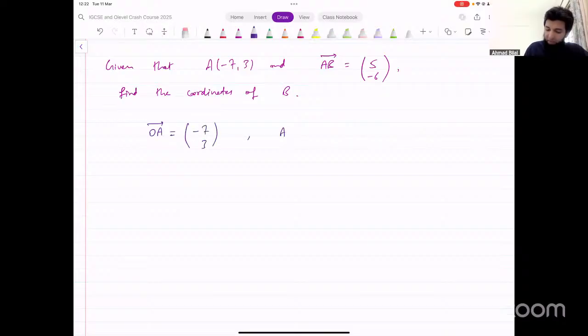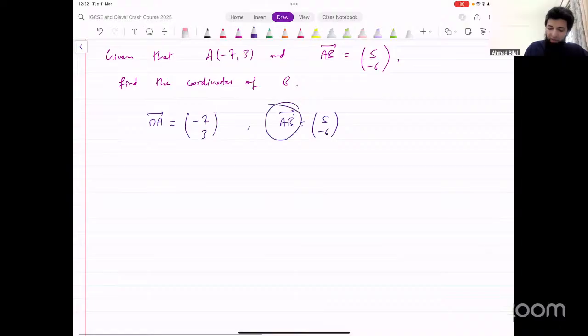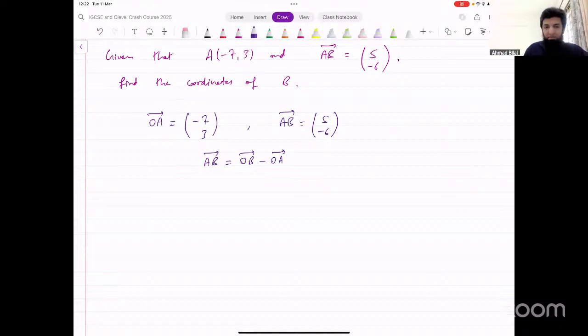And we have AB vector, that is 5 and -6. How can we write AB vector in terms of its position vectors? We can say AB is equal to OB minus OA, right? AB vector is OB minus OA.